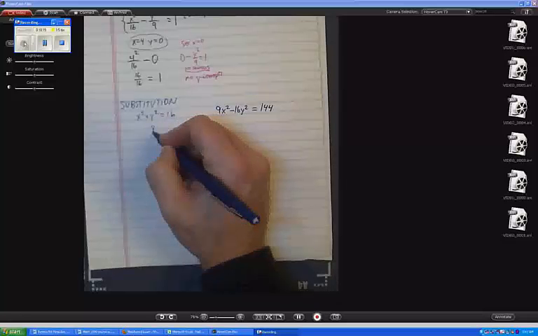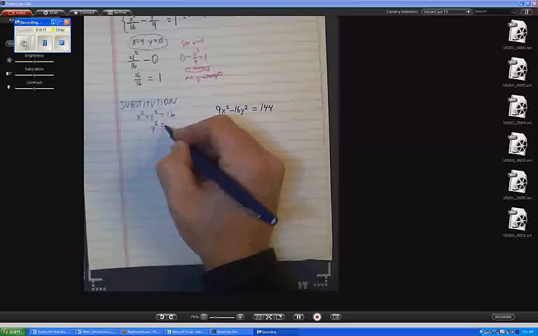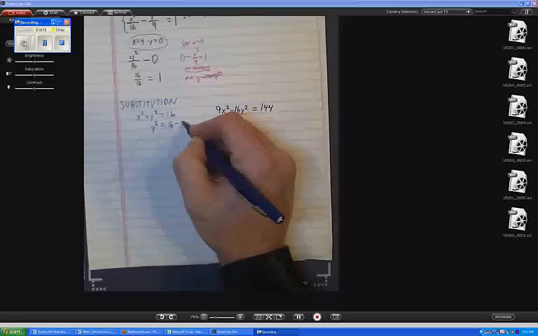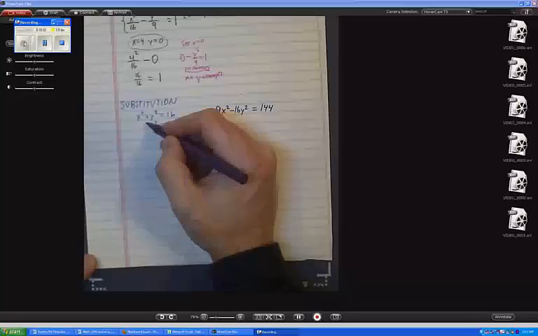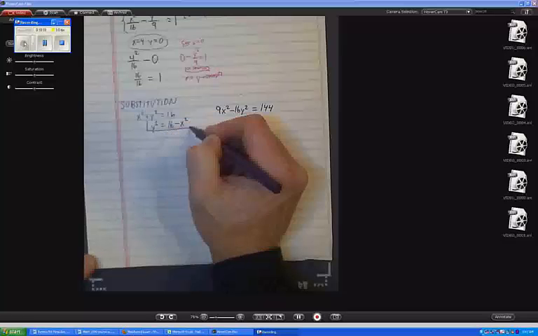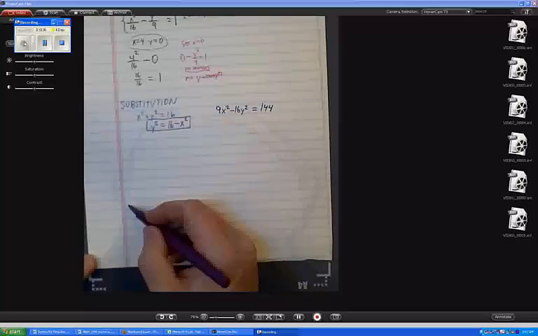This might occur to some of you. Y squared equals 16 minus x squared. Right? And then, some of you would be taking the square root of both sides. Don't do it. You don't need to. Because this tells me what y squared equals. You see that?